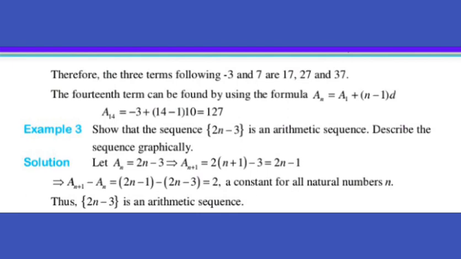Instead of n, we substitute n plus 1, therefore a(n plus 1) equals 2(n plus 1) minus 1. When you subtract those two terms, we get a constant number. If you get a constant number, then that sequence is an arithmetic sequence or arithmetic progression.